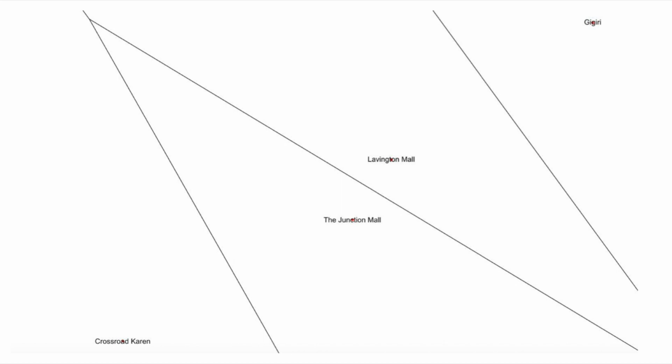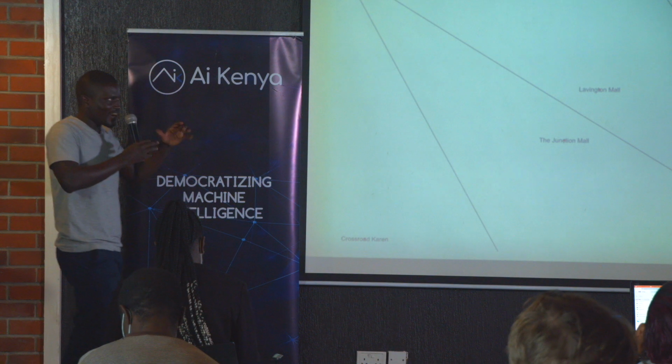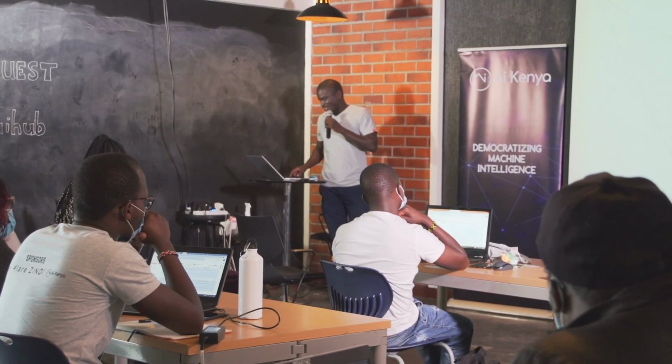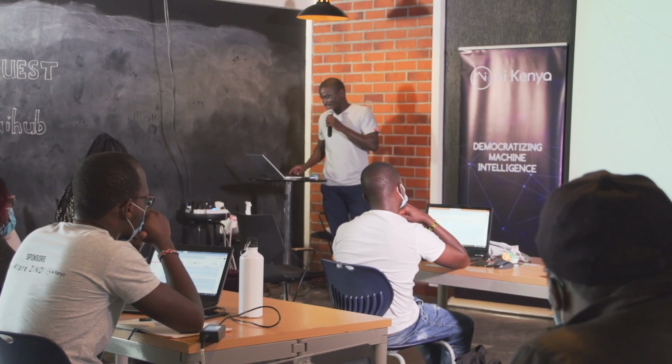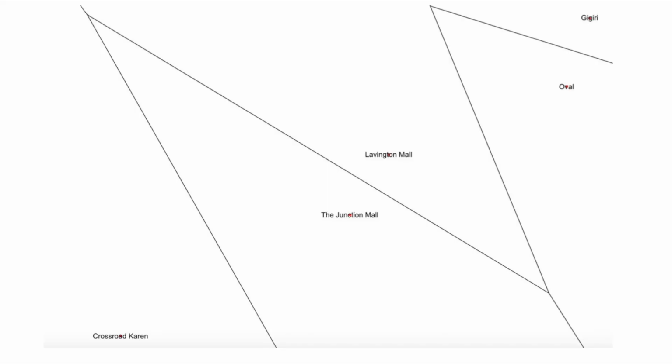The more stores they open, the less area I have to travel. The more my area gets partitioned. So if these were 3, you can see the area I need to travel is long. The more stores that get added, the less area I have to travel.